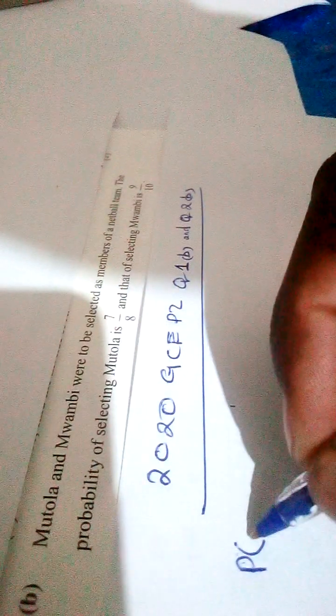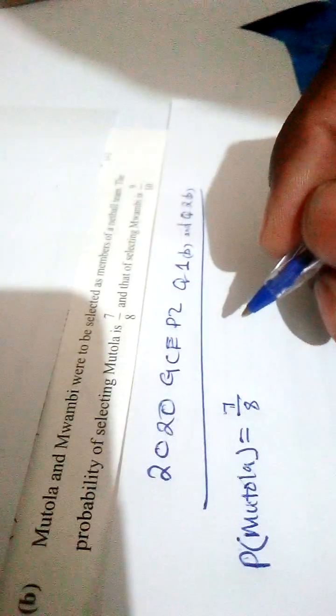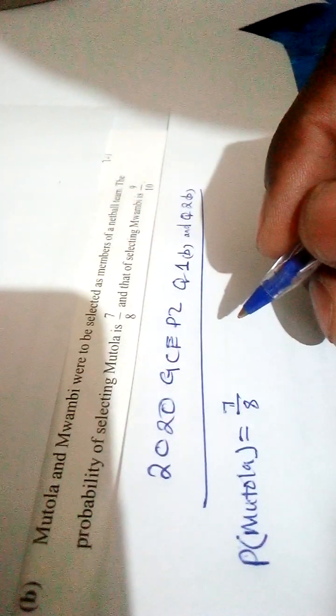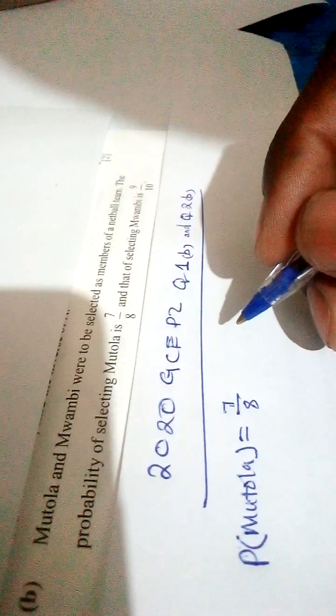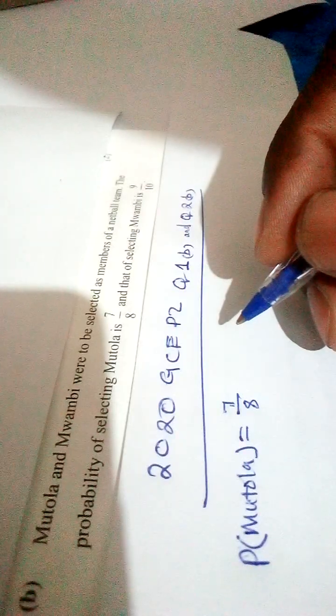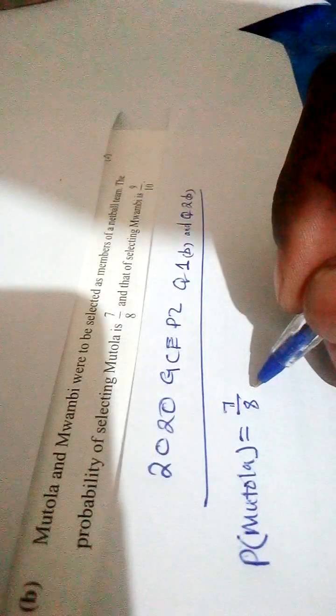The probability of Mutola is given as 7 over 8, and let's get to know the probability of not selecting Mutola.